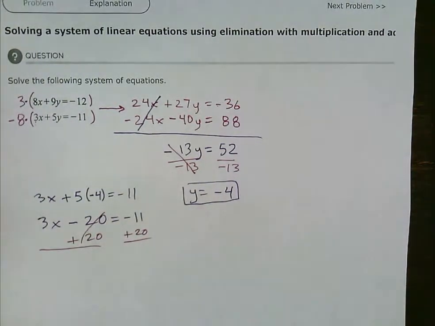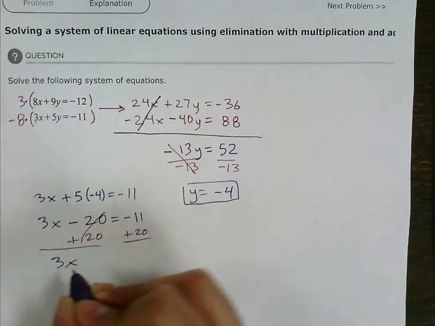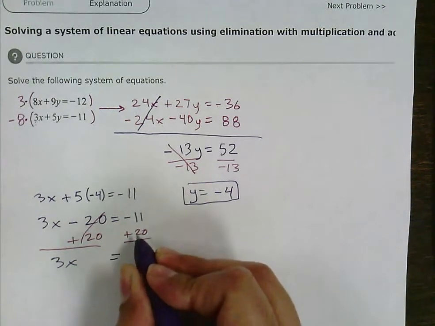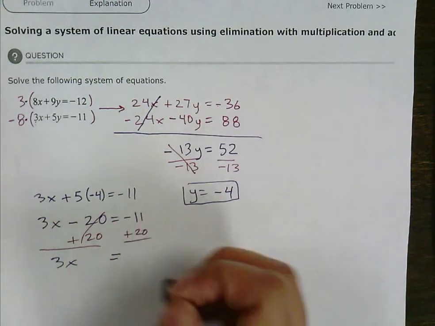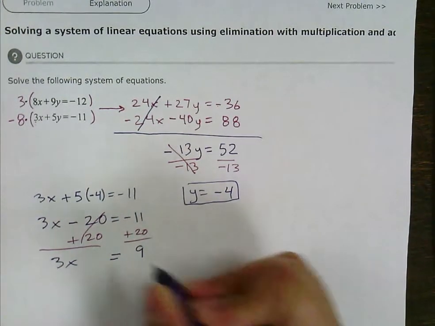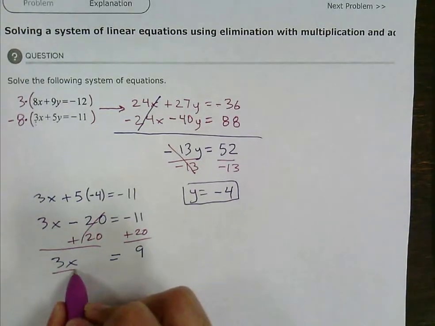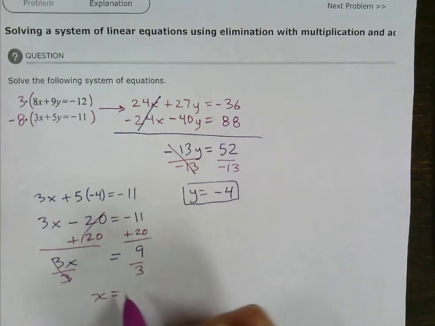To cancel that out, that leaves us with 3x equal to negative 20 plus 11, or you can read it backwards. 20 minus 11, that is 9. Now that we have 3x equals 9, you can probably already determine what x equals. 3 times what number is 9? 3. Or show the step, divided by 3, divided by 3. X is therefore equal to 3.